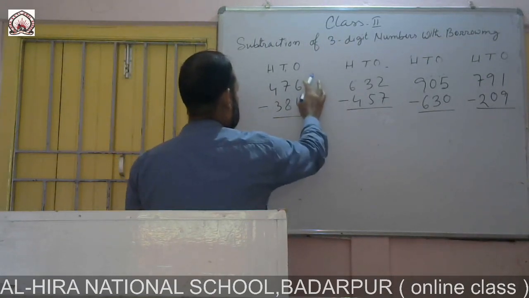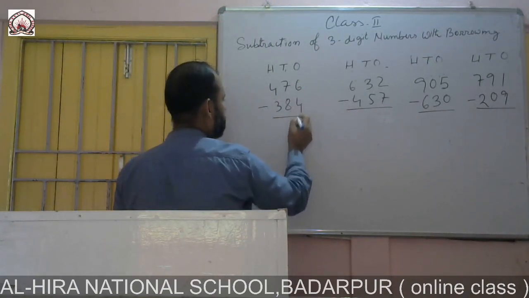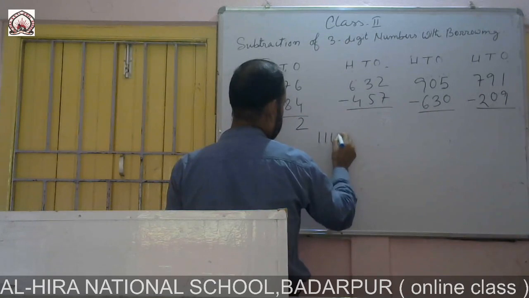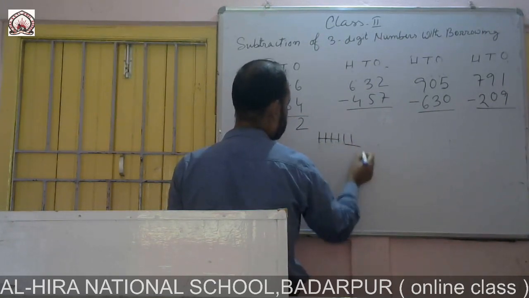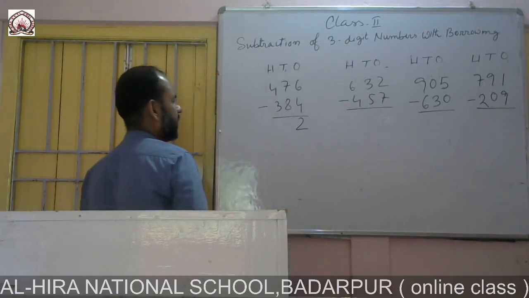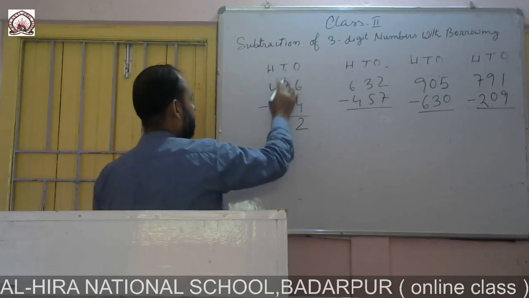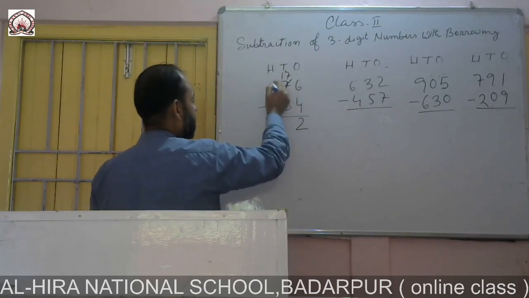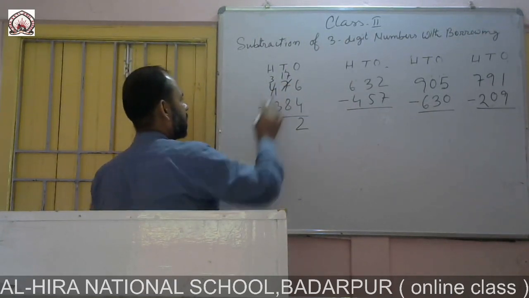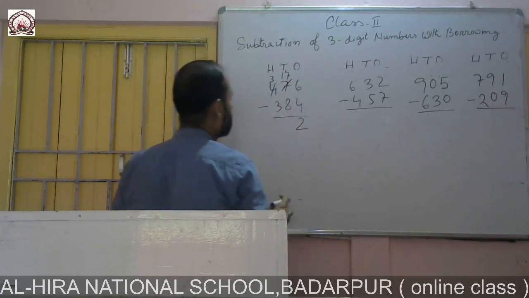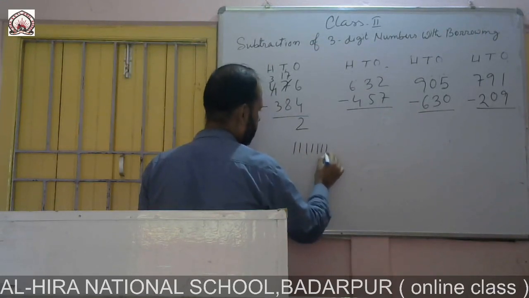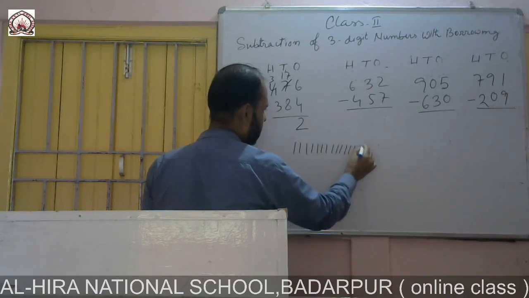First, 6 minus 4 is equal to 2. You draw 6 lines and cut 4. 1, 2, 3, 4, 5, 6 and cut 4, then remain 2. Next, 7 minus 8 we can't, then borrow 1, then there is 17 and there remain 3. 17 minus 8 is equal to, you can use lines, 1, 2, 3 up to 17.